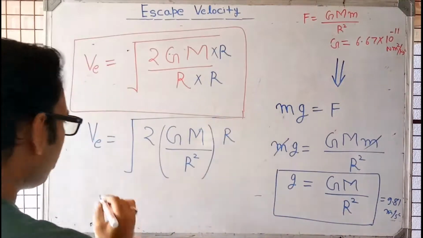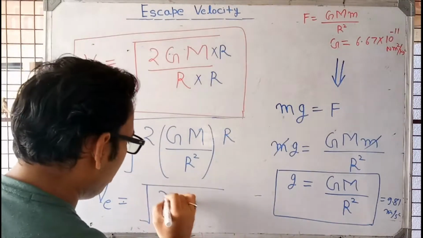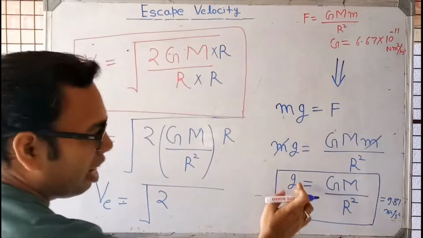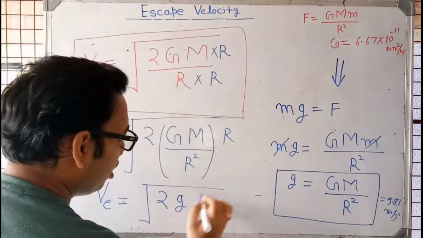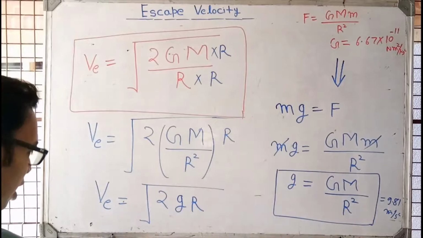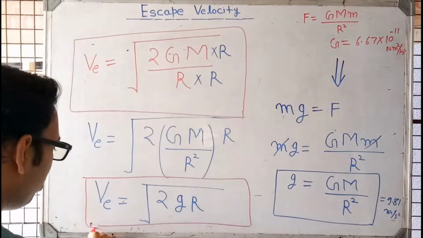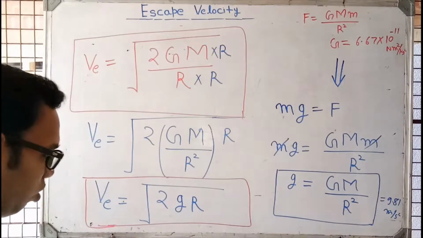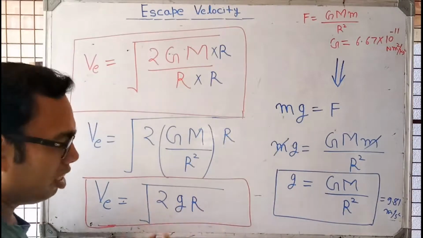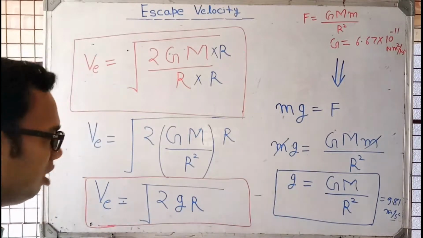Then the final value, escape velocity VE, is equal to under root of 2 G M R square. GM by R square we can write as small g, and this R is the radius of the Earth. So my final equation becomes this in terms of Earth's gravitational acceleration. We only have to know the value of the radius of the Earth and its gravitational acceleration, and we can find out the Earth's escape velocity.